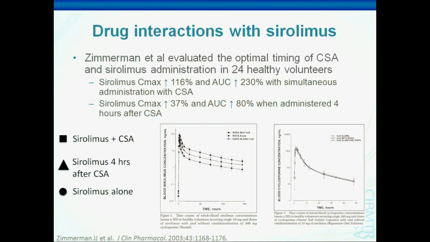As you can see, the top line is different from the one on the bottom, where it was sirolimus alone, and in the middle was 4 hours after. This chart here just shows that cyclosporin was essentially unaffected by the administration of cyclosporin and sirolimus together.